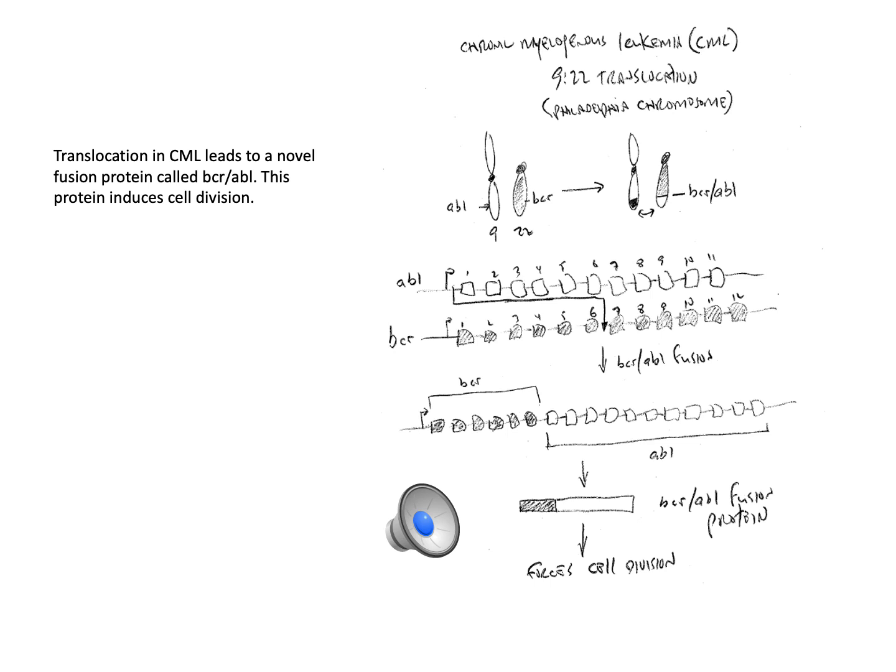So when you get the translocation, the movement of chromosome 9 fusing with chromosome 22, what happens is the break occurs upstream of exon 1 in ABL and brings it over just downstream of exon 6.